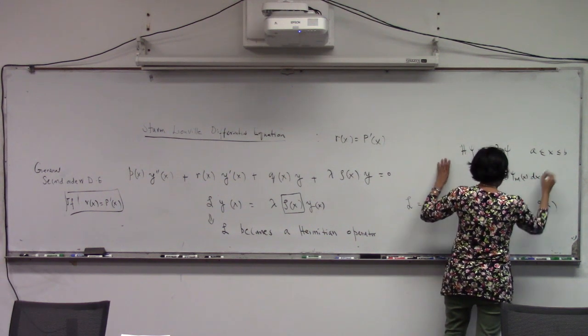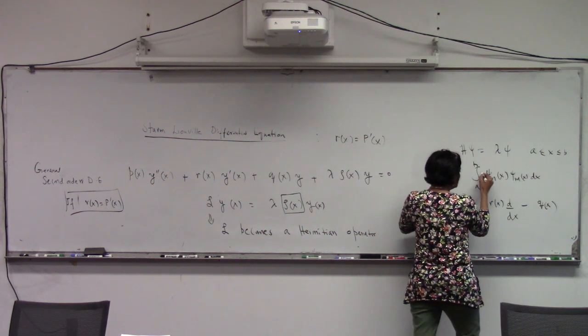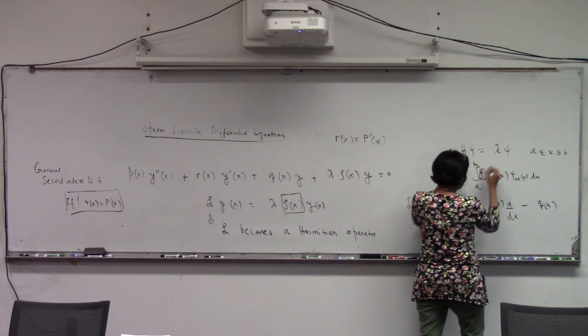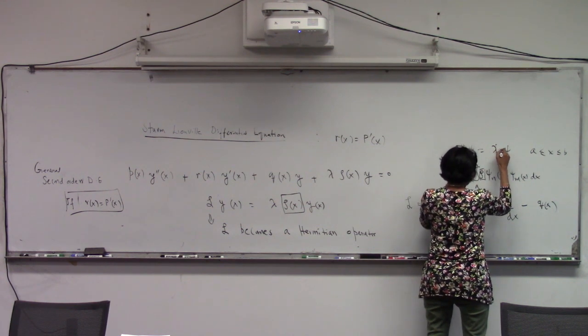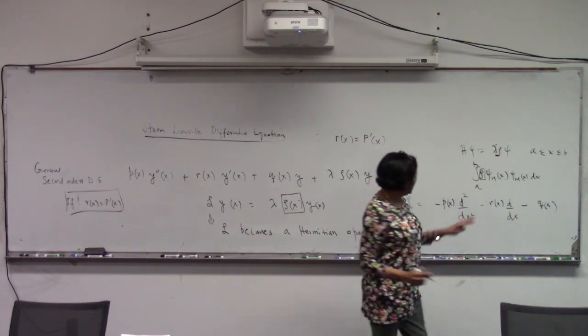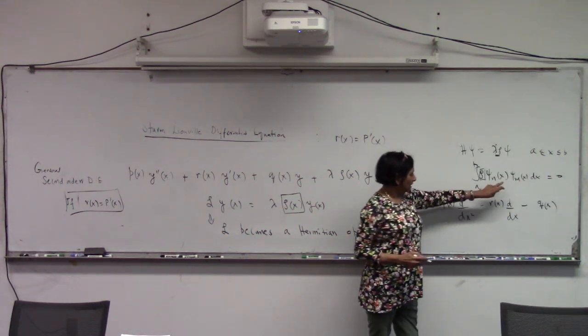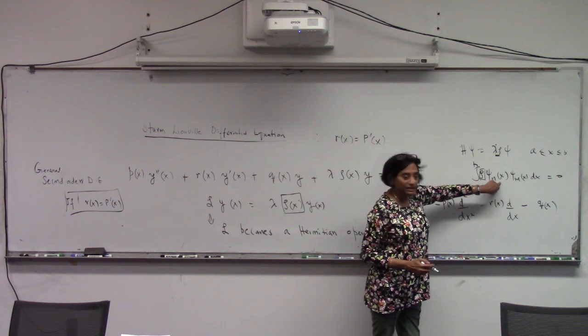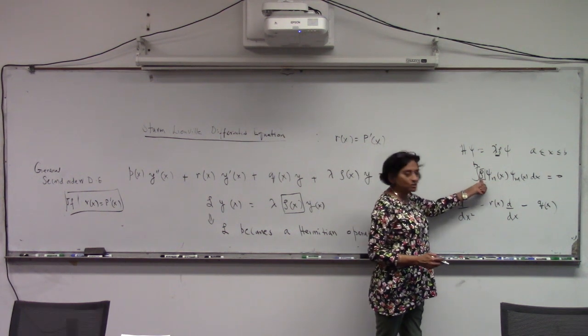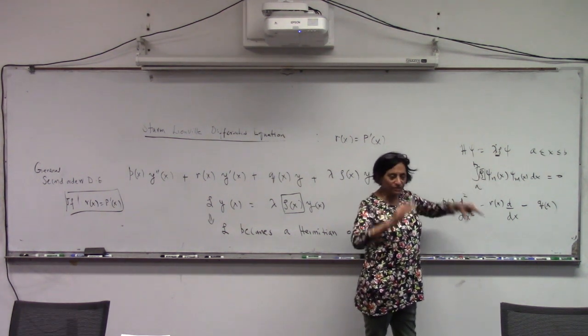But now we have a weight factor, so it's called a generalized eigenvalue equation. There's a weight factor times this, and it will satisfy an orthogonal relationship like this. Our goal is to find what this rho factor is for each differential equation.